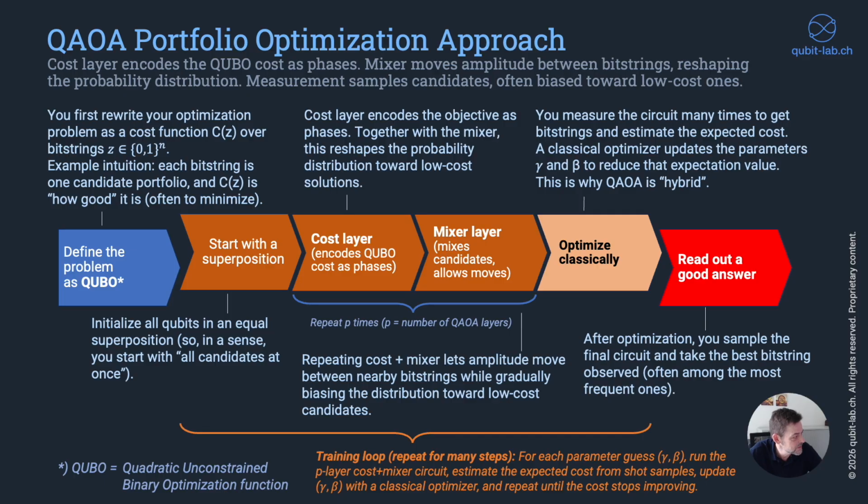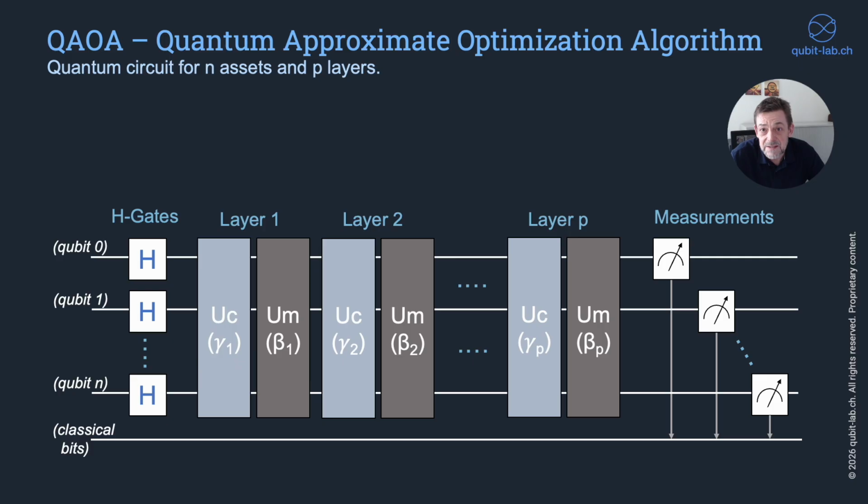What you see here, this blue is the preparation part, and here the darker amber part is the quantum computing execution part, and then you have a classical optimization and the final readout. You need to execute it as well, but then afterwards you have to read out the final result. This is a generalized view of the standard QAOA circuit. UC and UM, the cost and mixer gates, are shown as a block.